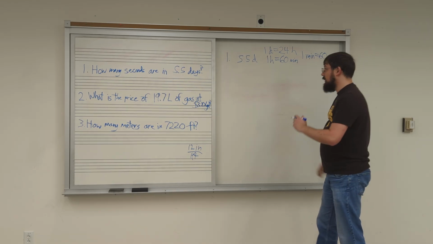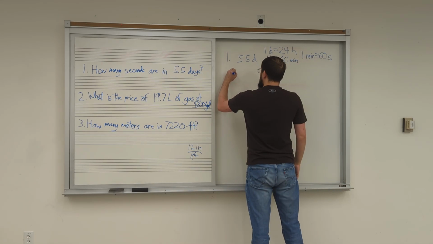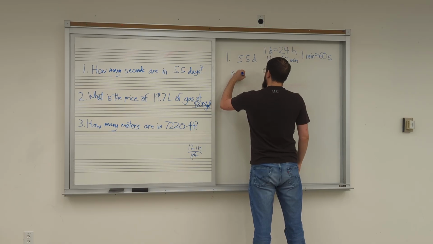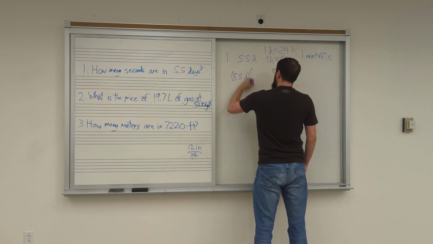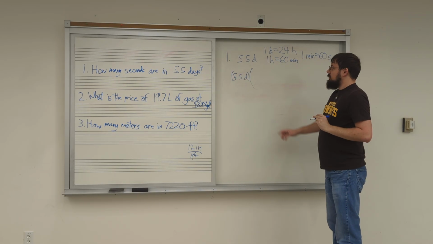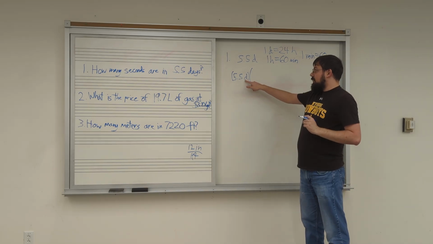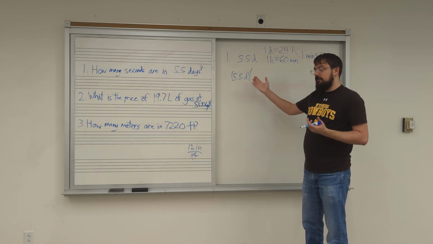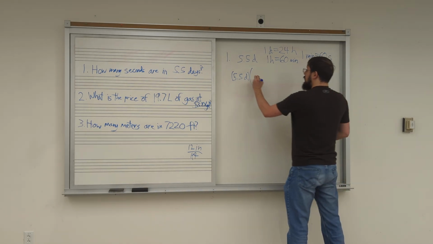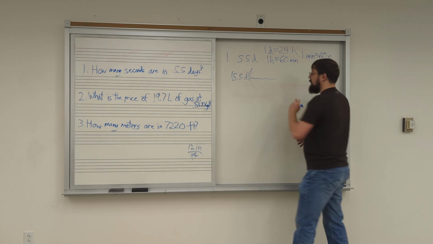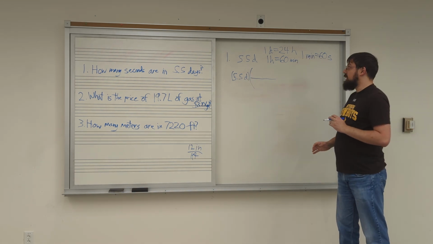How do we do this? Well, let's say we are starting with our 5.5 days. We effectively have days on top here if this were a fraction. So what we can do next is multiply it by a unit factor where we have days on bottom.